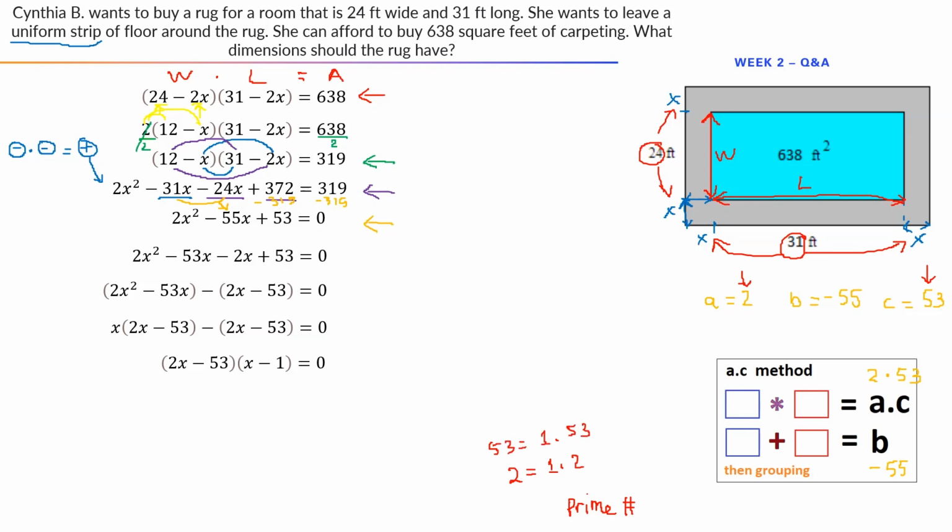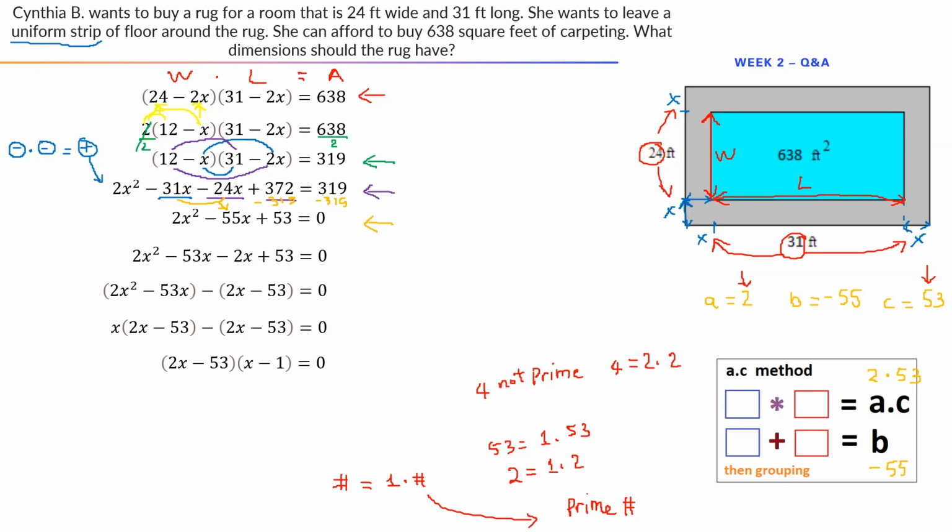They cannot be broken into a smaller product. For example, 4 is not a prime number because 4 is equal to 2 times 2, right? Any number that cannot be broken down into smaller numbers except for 1 times itself will be a prime number.